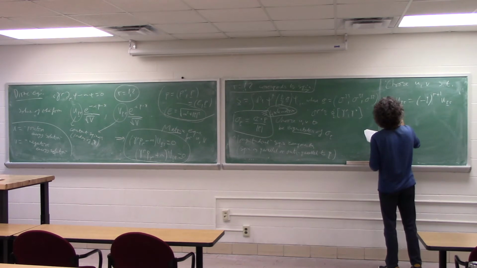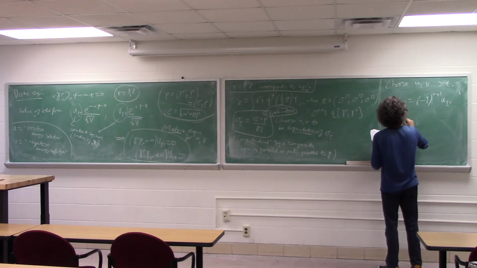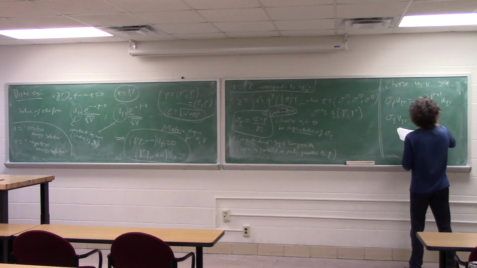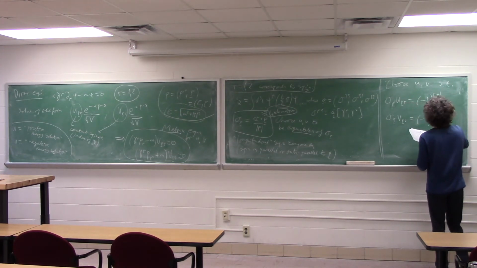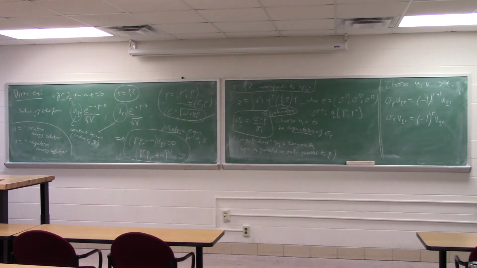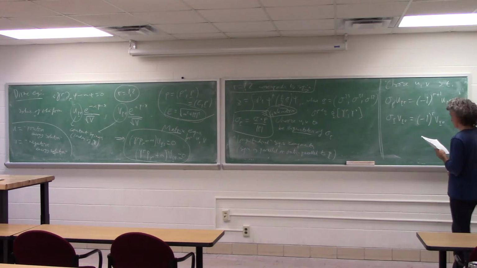And then for V, we choose it to be almost the same, but (-1)^r, which means that the eigenvalues are the other way around for r is 1 or 2. It just turns out that this is more convenient.